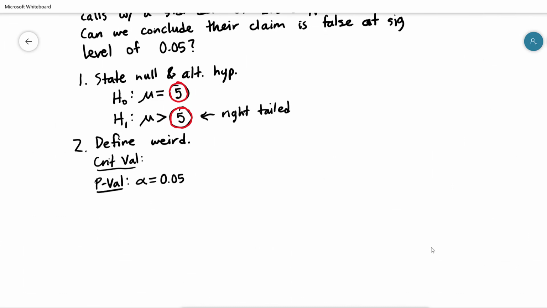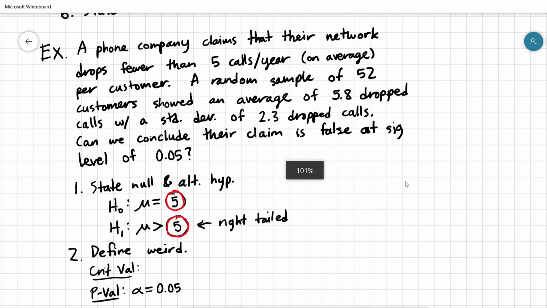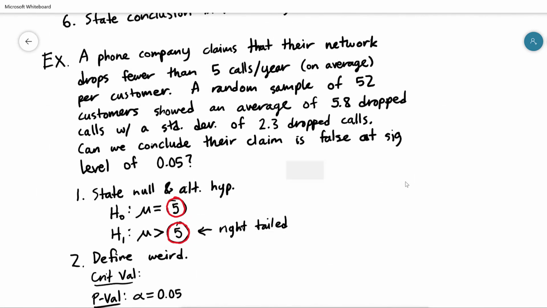The critical value, this is where we need to determine whether we're dealing with a normal distribution or a t-distribution. And so this is going to be the trickiest part. I phrased this question up here in such a way that I didn't use any symbols. On the homework, you'll notice they'll often use symbols.